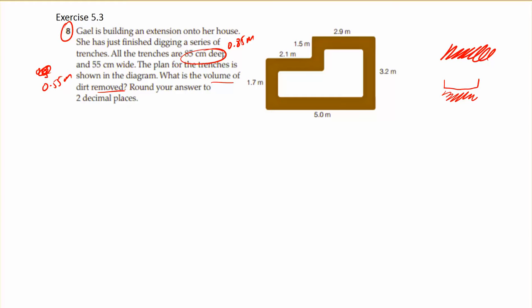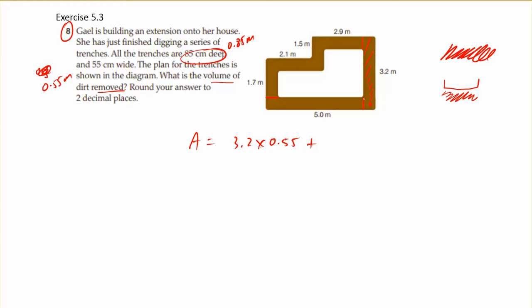Okay, so now begins the mammoth task of finding the area of the dirt. So the area of the brown is given by, okay, let's break these up. This area would be 3.2 times the width of the dirt, which is 0.55, plus this area.